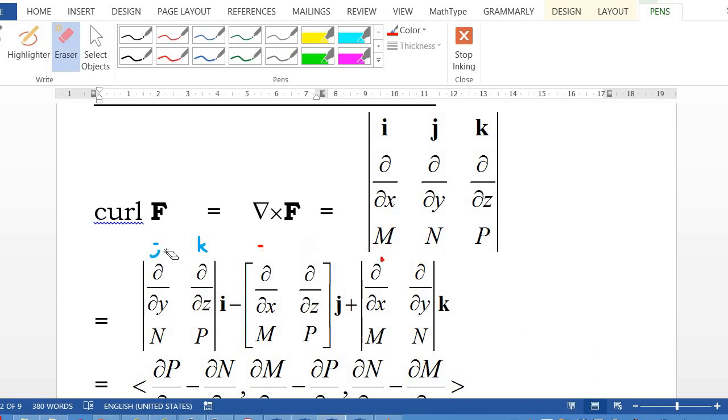The result is a vector. To get component i, you close component i, you get here. For j, i cross k, you get negative j. For k, you close it, so i cross j, you get positive k.